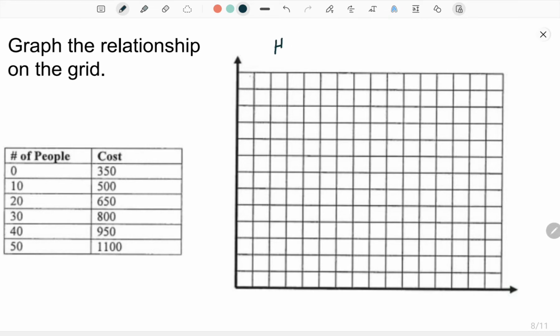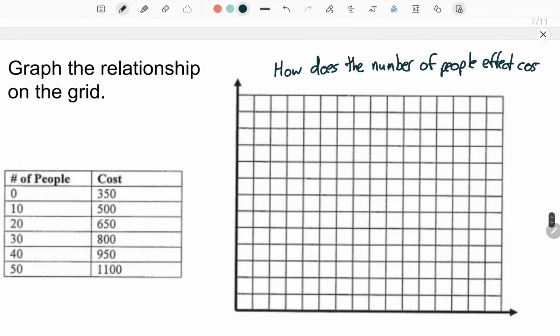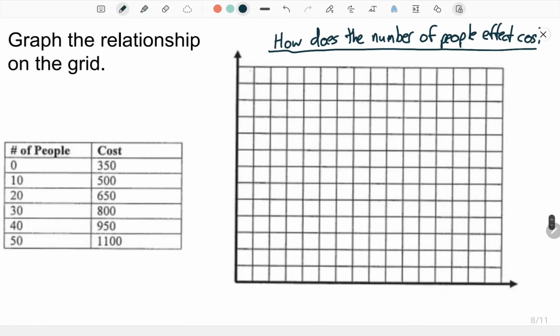So: how does the number of people affect cost? So we have a title, and we underline the title. If you have a ruler, make sure to use a ruler. That's always a good practice.